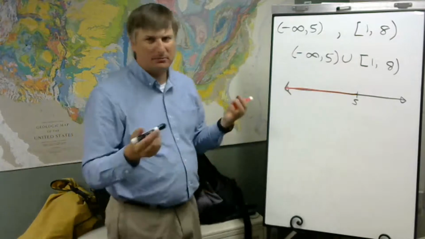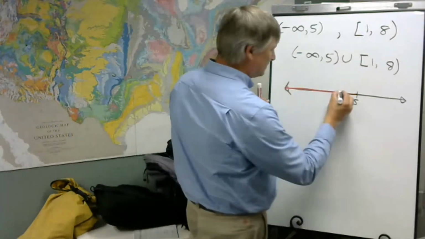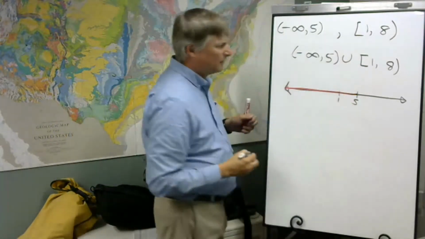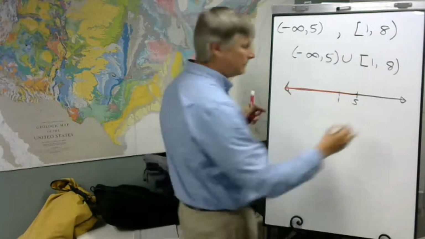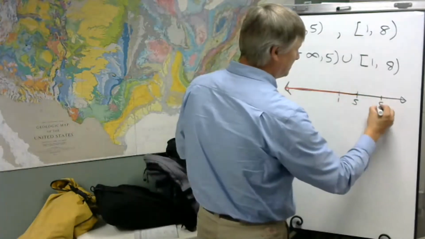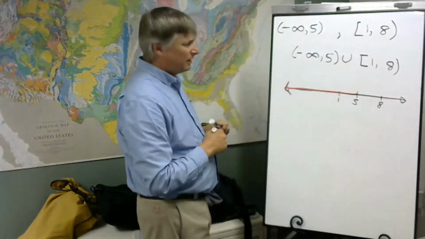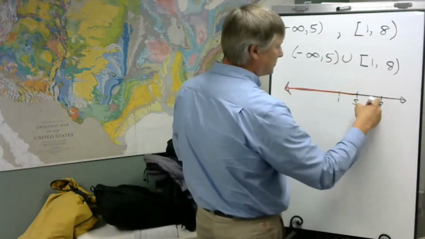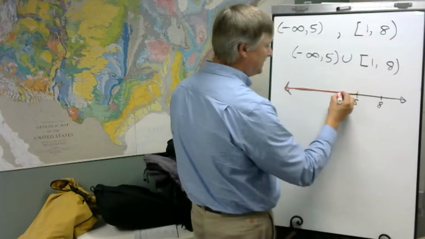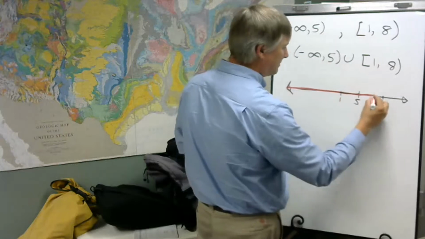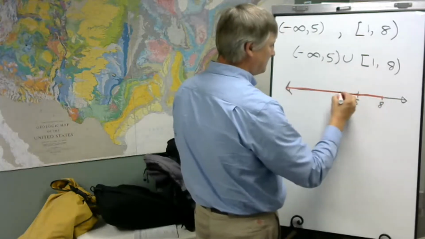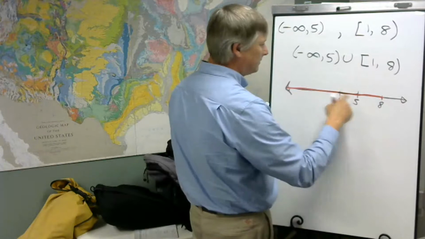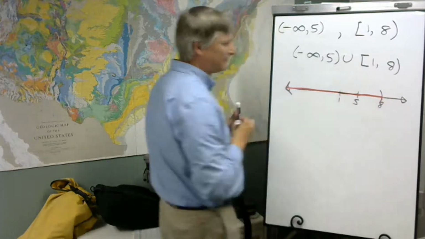So 1 is going to be smaller than 5. Let's say 1's right here. 8's bigger than 5. So say right here. And we're including 1. And we're excluding 8. So that means we get to keep all the numbers from 1 to 8. And well, we're including 1, but we're excluding 8.